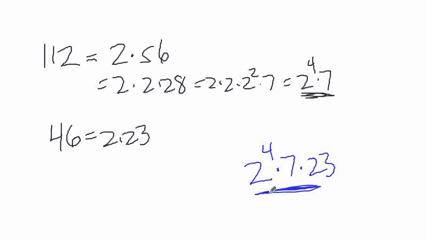Now one important example of where finding the least common multiple is important is when you're trying to add fractions together that have different denominators. So for example, what is 1/2 plus 1/3?